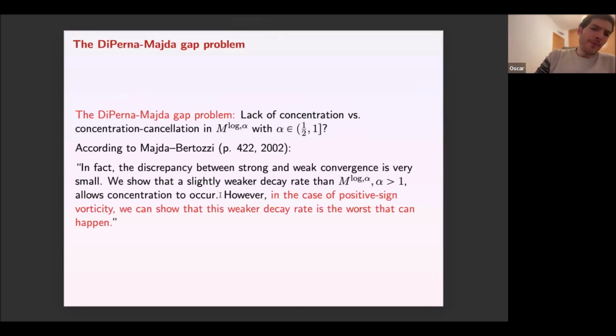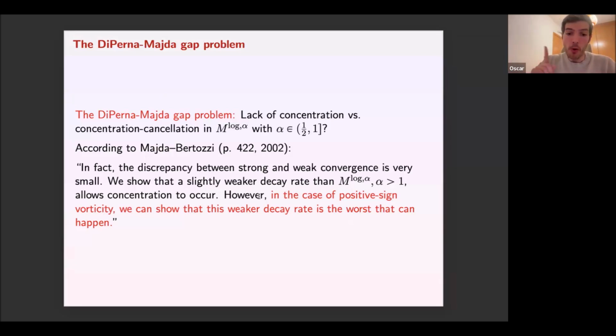And I would like to quote one of the standard references in the field, namely the monograph by Majda and Bertozzi. The authors wrote the following. In fact, the discrepancy between strong and weak convergence is very small. We saw that a slightly weaker decay rate than more irregularity alpha with alpha larger than 1, namely alpha equals 1/2, allows concentration to occur.